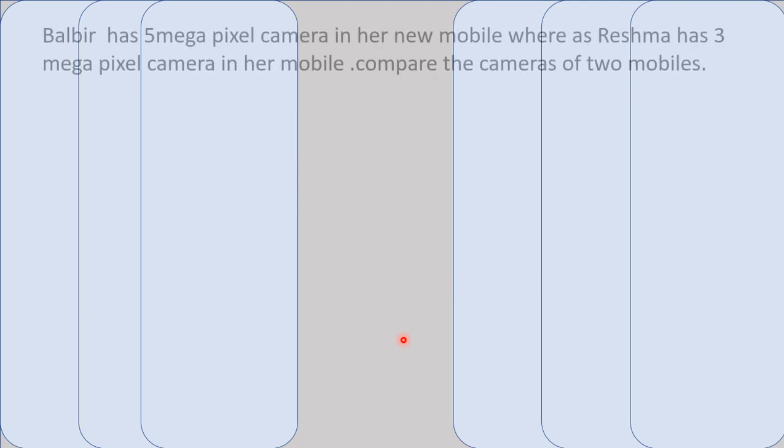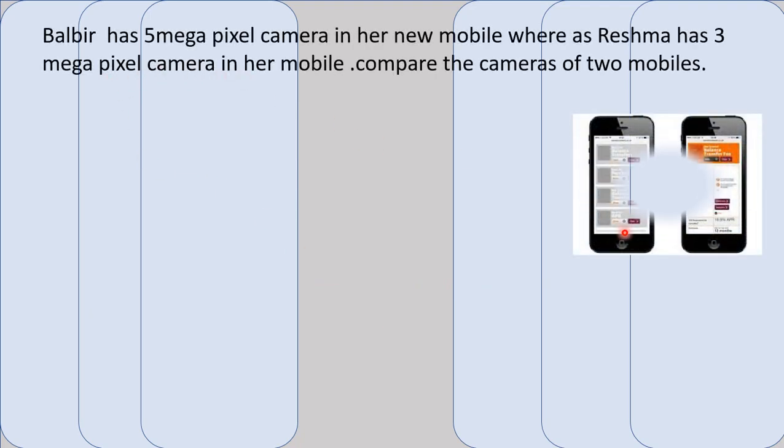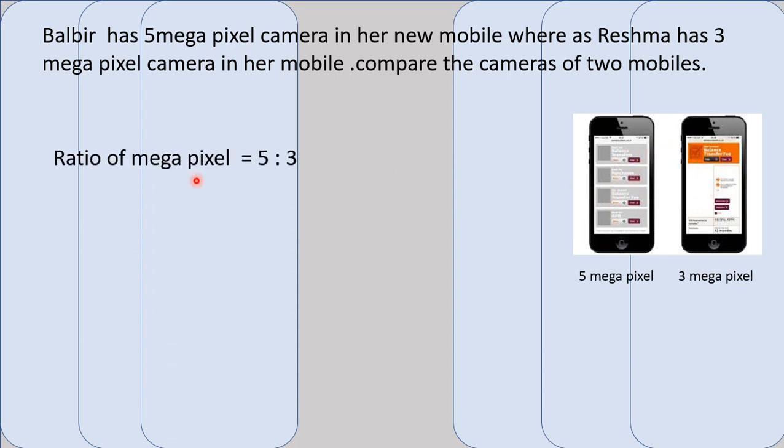So let's have a look at an example. Balbir has a 5 megapixel camera in her new mobile, whereas Reshma has a 3 megapixel camera in her mobile. Now can we compare the cameras of the two mobiles? Yes, we can compare. We can find the ratio of megapixels, that is equal to 5:3.